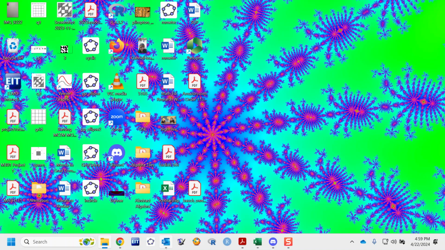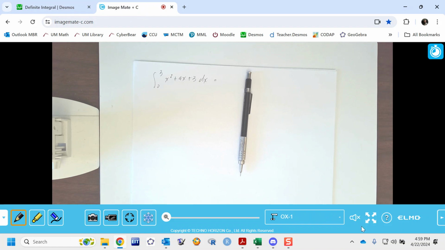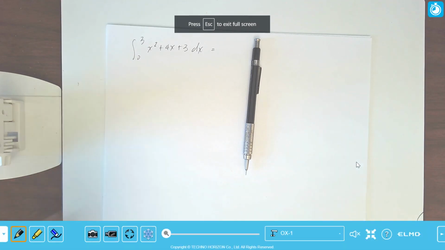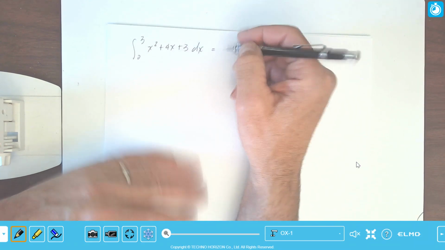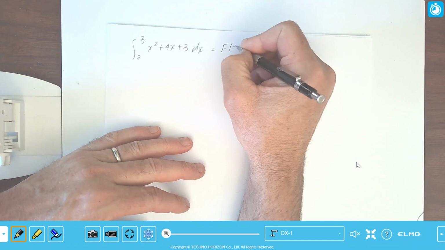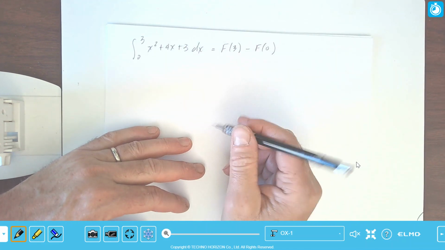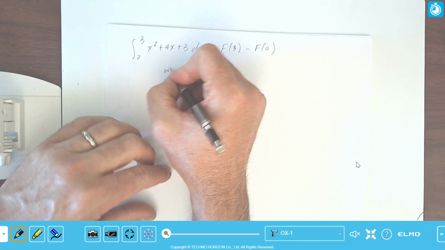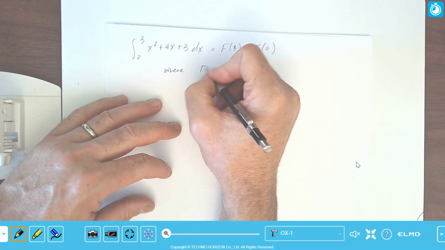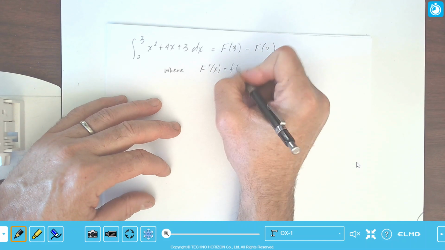Let's verify that analytically. What we're going to do is evaluate F of 3 minus F of 0. That's the fundamental theorem of calculus that tells us how to deal with this, where big F is the antiderivative of little f.